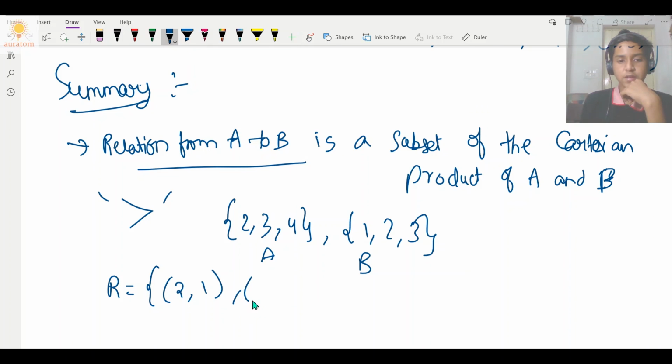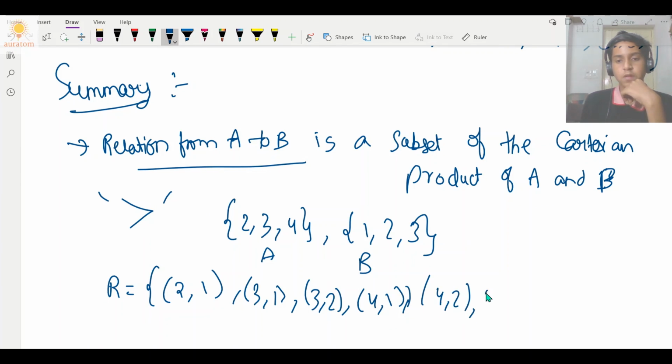We can take 3 1 and 3 2, and we can take 4 1, 4 2, 4 3. So that is the relation from A to B given this condition.